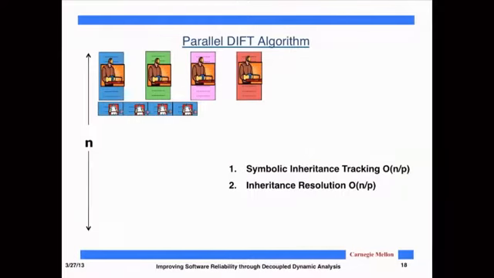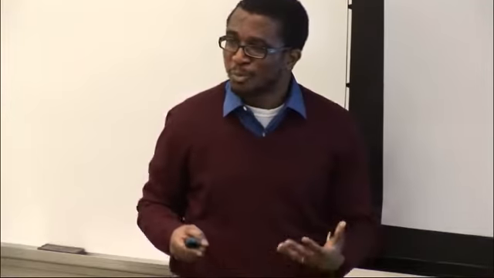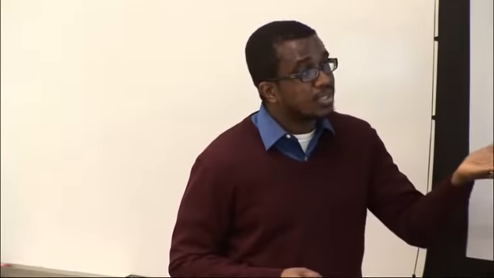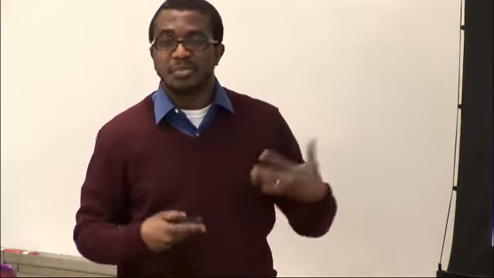Now, when you're done with that, we can process each of the segments sequentially, because of the dependencies, we will still have some unresolved dependencies in there. We call the solving of this inheritance resolution, which is the next step, where we sequentially go through each segment and resolve all of this inheritance. What's interesting is that we can perform this in parallel in terms of the locations.